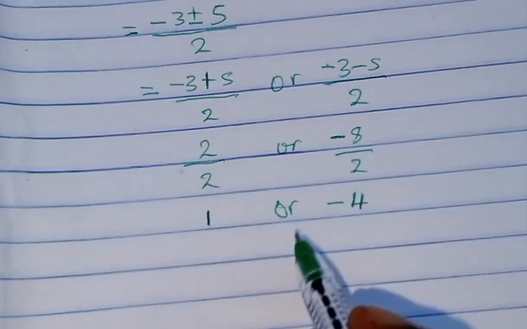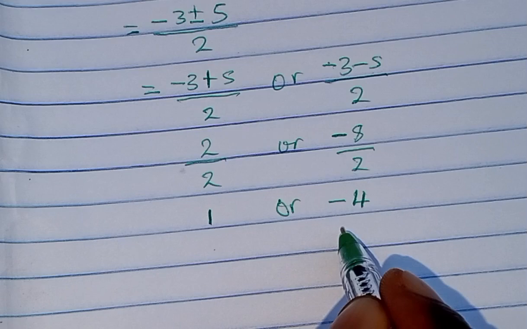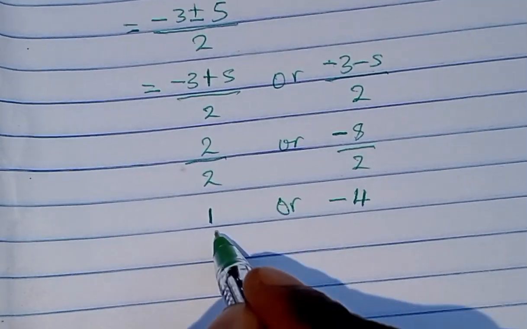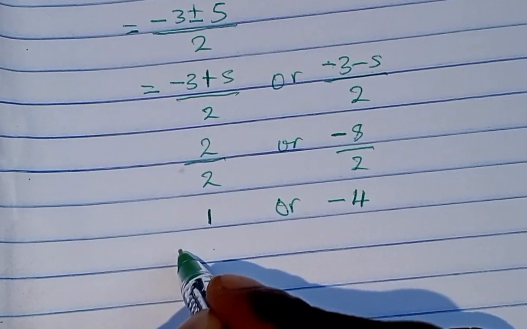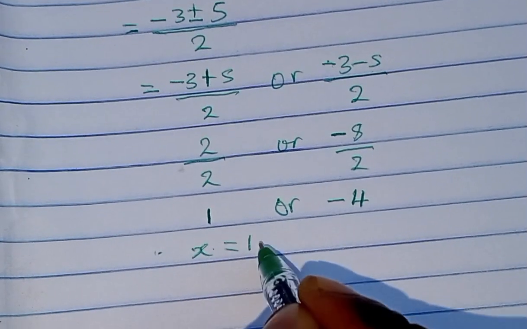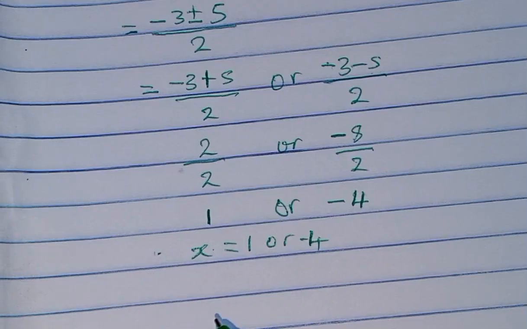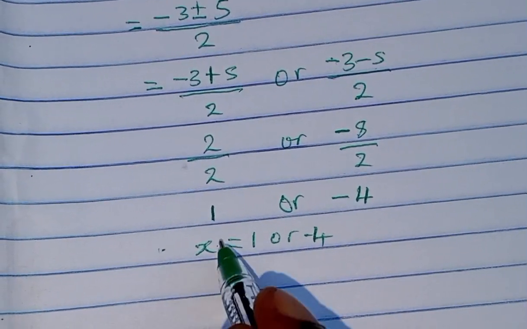So these two are our values. Since we have negative and positive, always take the positive to be your value. So the value of our x is equals to 1 or minus 4, but we'll go for 1.